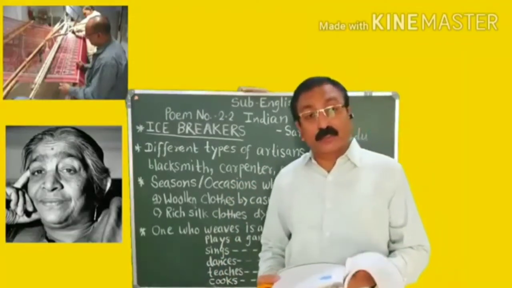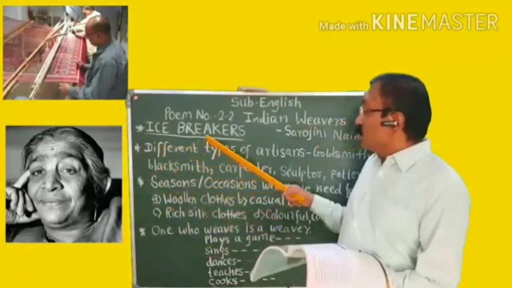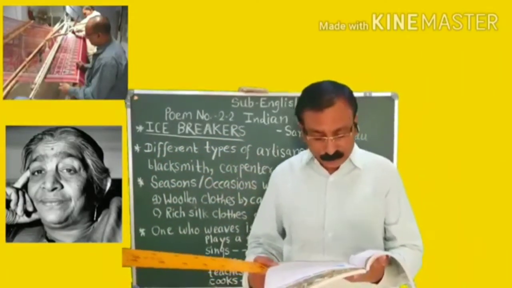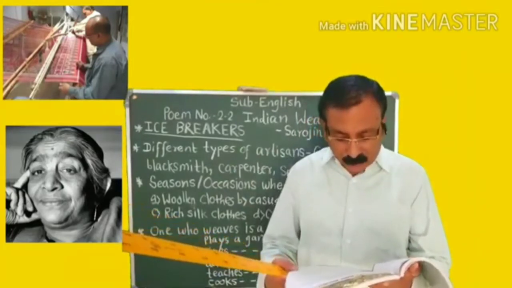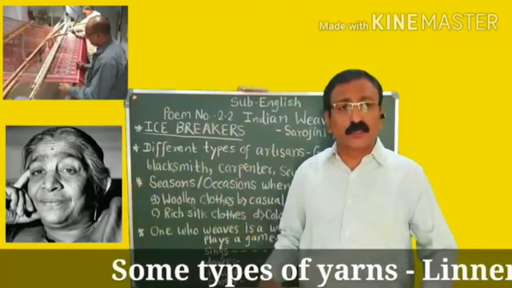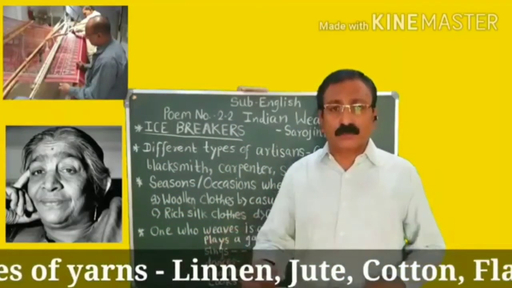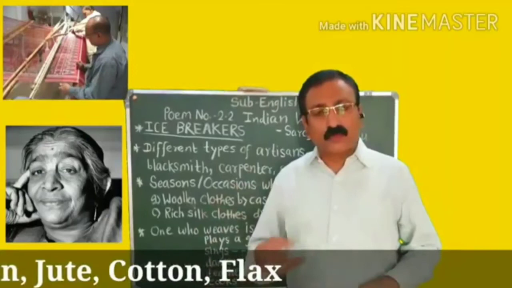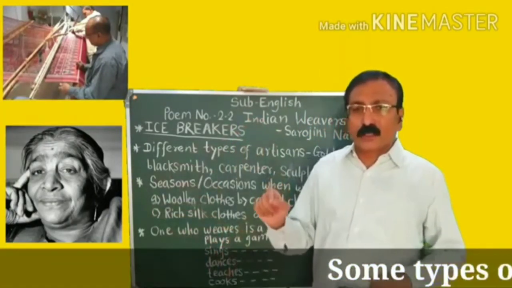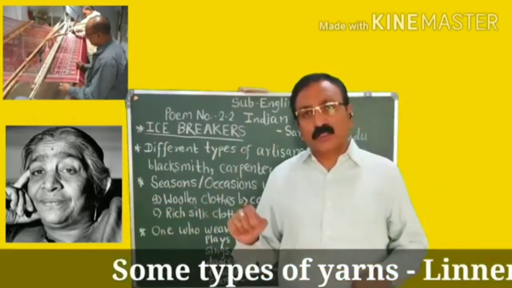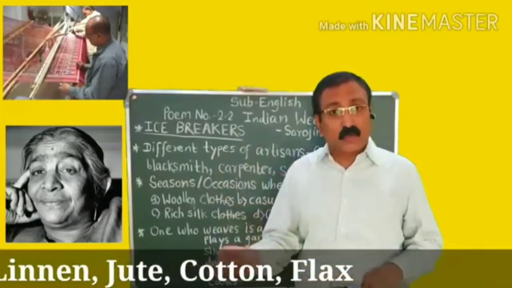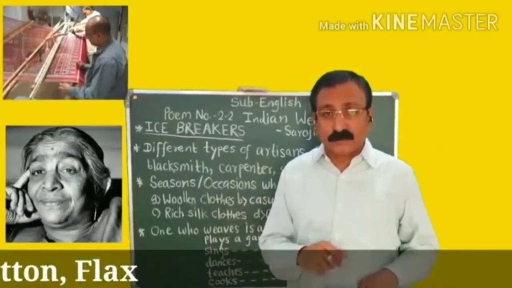The last activity given in the icebreaker section in our textbook is, I read the activity, name some types of yarns used by the weavers. Normally when we visit the garment shop, at that time we ask the shopkeeper for different kinds of clothes as per our like, as per our choice.